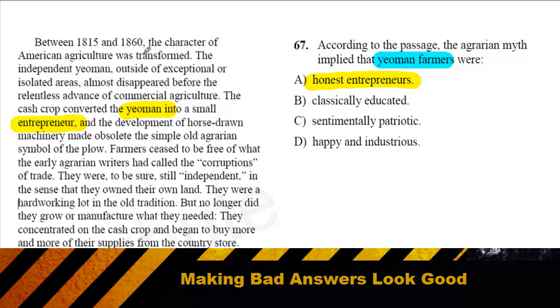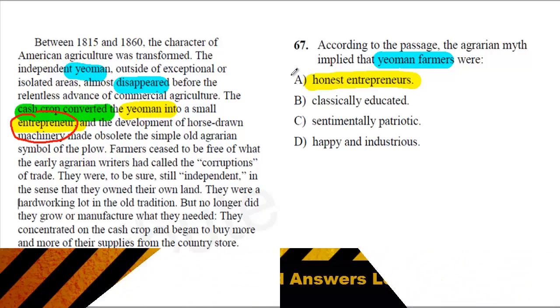But if you read the entire fifth paragraph, you see the fifth paragraph is not talking about the yeoman farmer. It's talking about how the yeoman disappeared and how the cash crop converted the yeoman farmer into an entrepreneur. So even though answer choice A sounded very familiar, it was in fact the exact opposite answer.